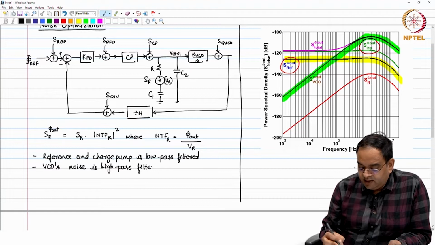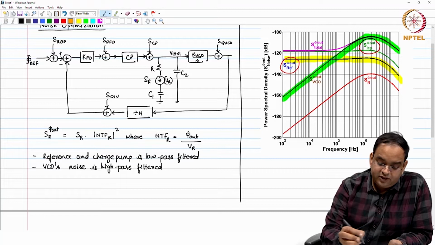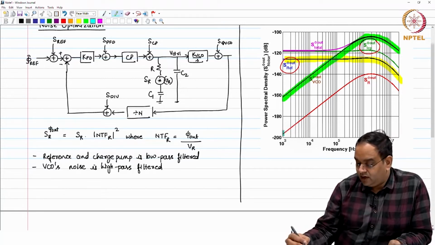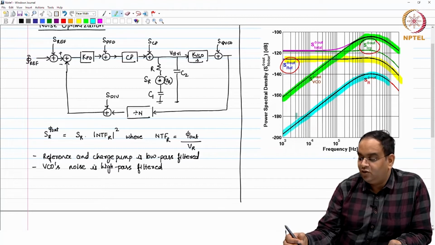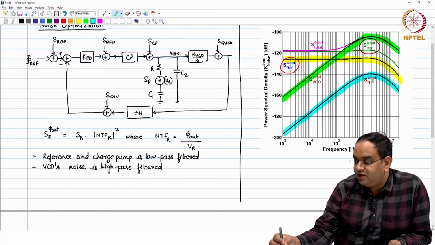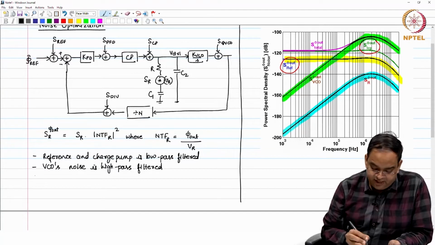And then you have resistance noise. The input noise for the resistance is actually flat, and the output noise you see is a low value at lower frequency and a low value at higher frequency, and in between it peaks. So, the resistor noise is band pass filtered.